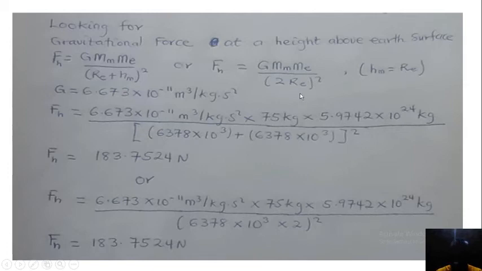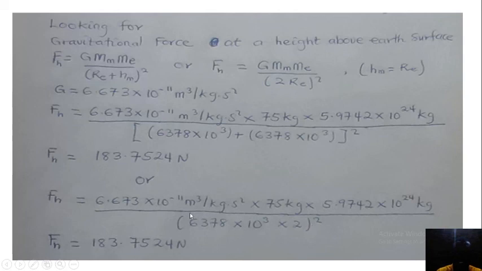Or since we know the elevation of the man to be equal to the radius of the Earth, and that is also the same as multiplying 2 with the radius of the Earth, then we can say that the gravitational force exerted on the man equals the gravitational constant 6.673 times 10 exponent -11 times the mass of the man, which is 75 kilogram, times the mass of the Earth, 5.9742 times 10 exponent 24 kilogram, all over 6,378 times 10 exponent 3 times 2, all squared.